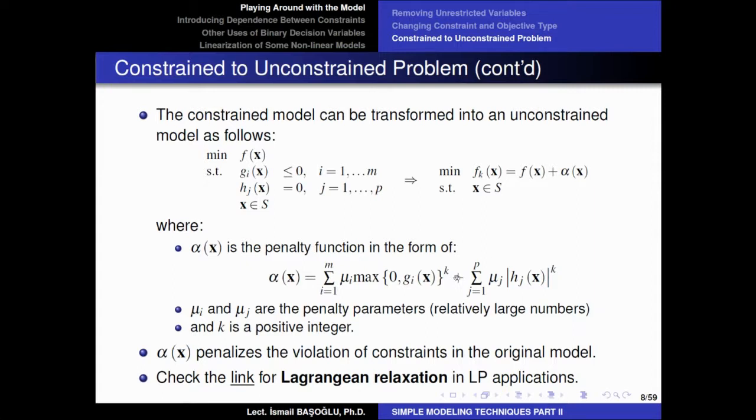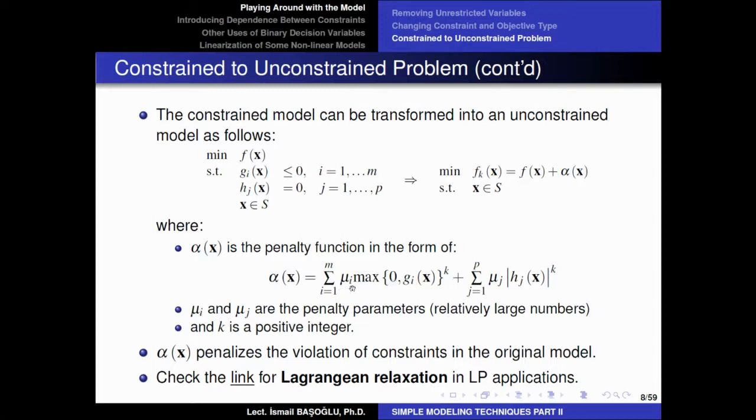Now, we are especially selecting a k value which is a positive integer. So the least possible value for k is 1, but we can choose 2 or 3 or 4 here. So this means whenever you violate the ith constraint, whenever the left-hand side is greater than 0, its kth power is going to be even greater.